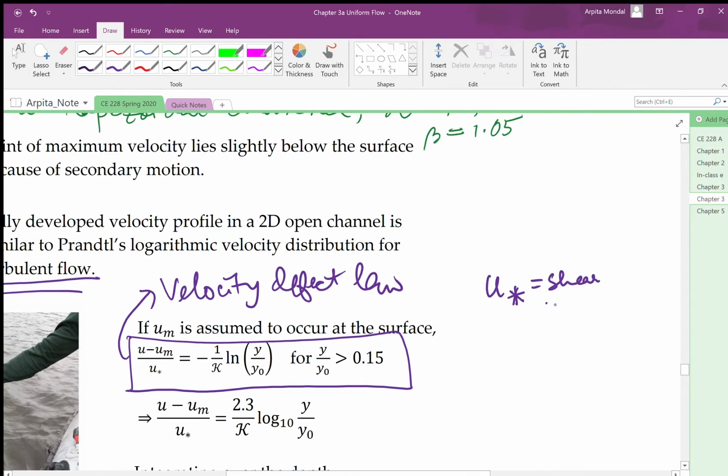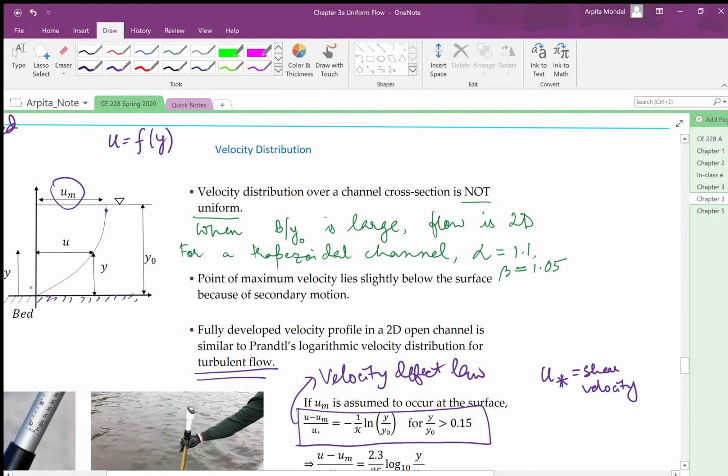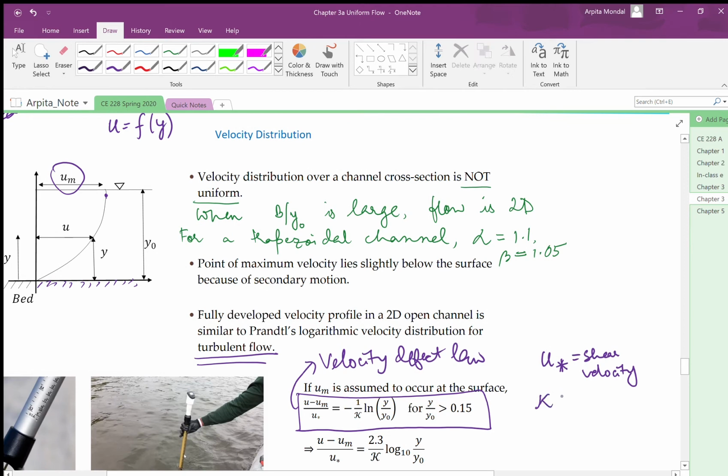So for y by y naught greater than 0.15, which means slightly away from the boundary, when the depth is larger than 0.15 times the total depth, for that region the velocity defect law holds, which we can see is a logarithmic velocity distribution where this term kappa is the Kármán constant, whose value is roughly 0.41 for open channels.